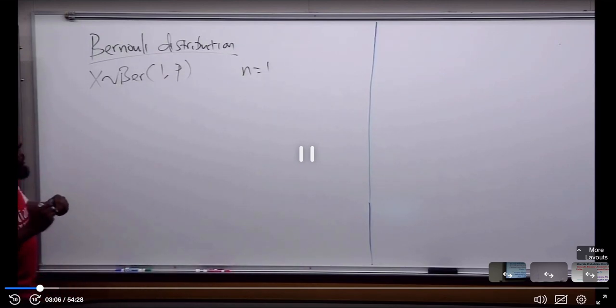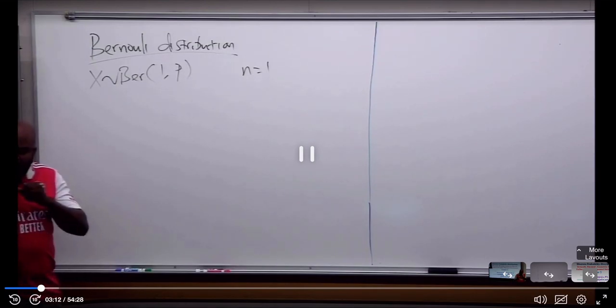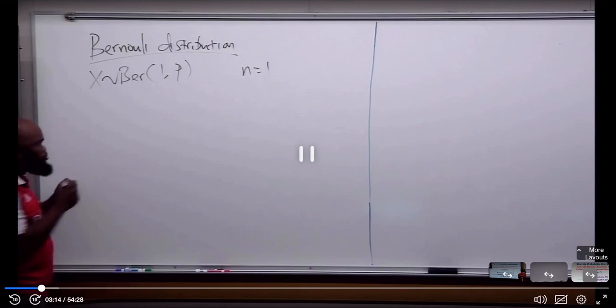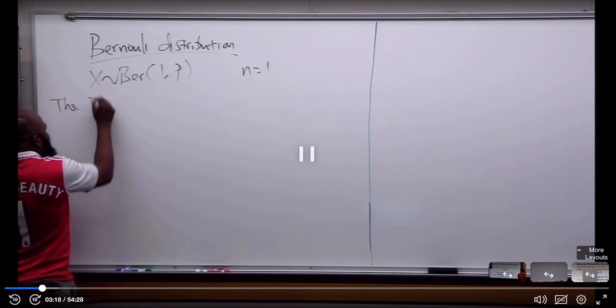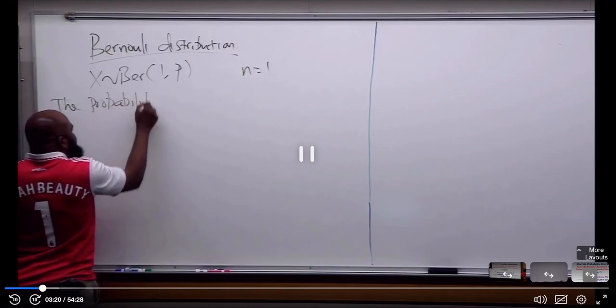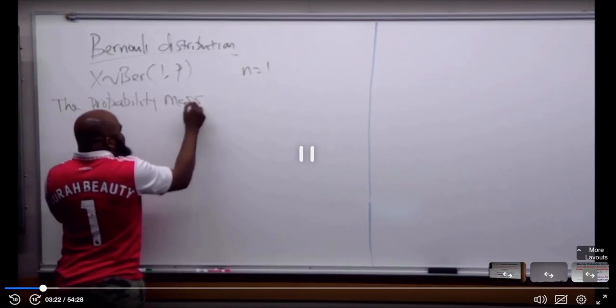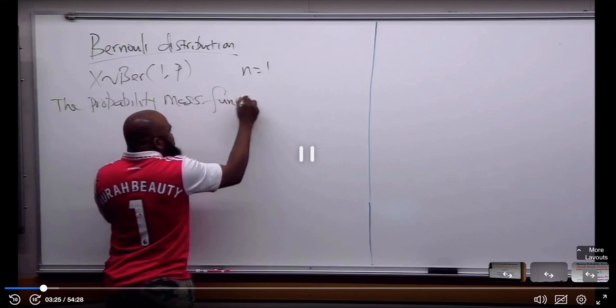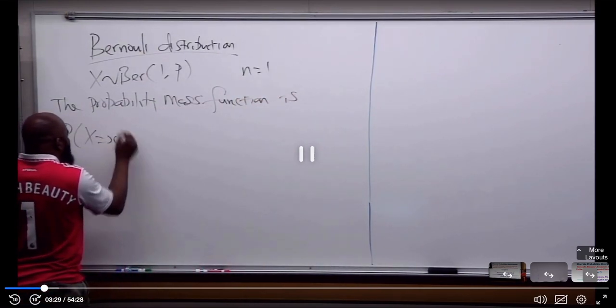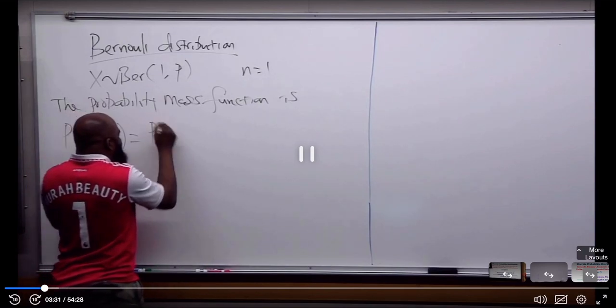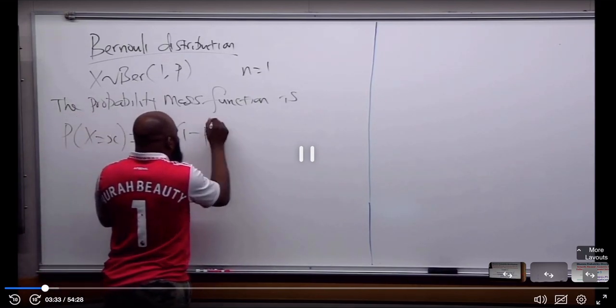We use the Bernoulli distribution to model a random variable with two possible outcomes. So the probability mass function is p(x) equal to p raised to power x, times 1 minus p raised to power 1 minus x.